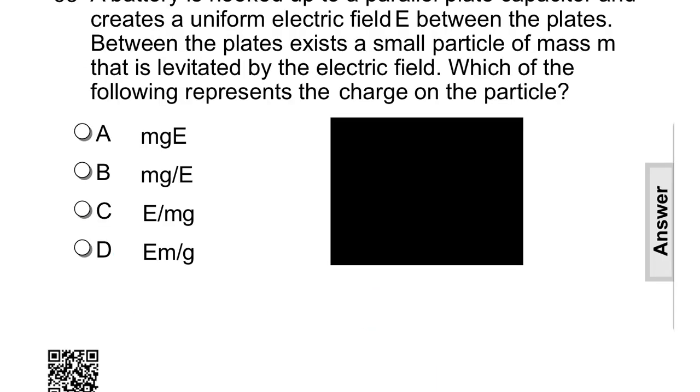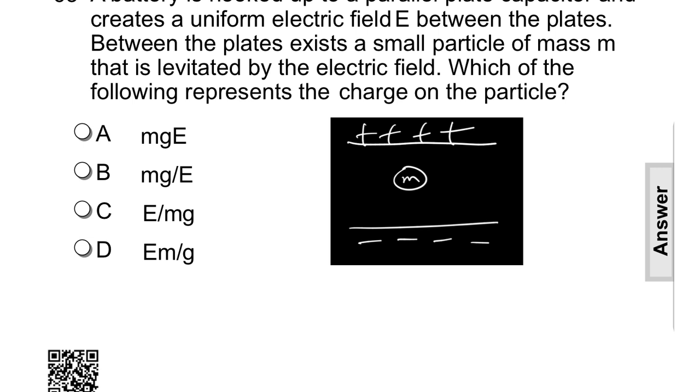Okay, again, I don't see a picture, so it doesn't really matter. I could have either one of these situations that I had before. Here's the mass, here's the weight, and here's the electrical force. Weight equals mg.